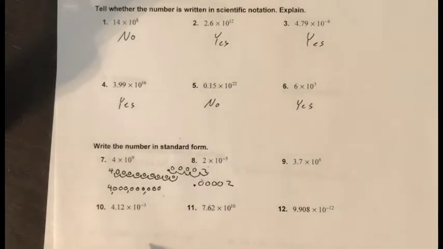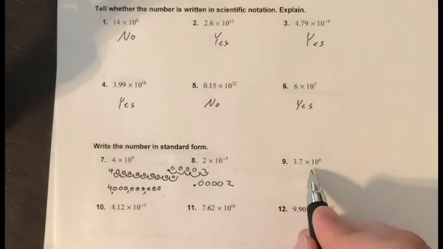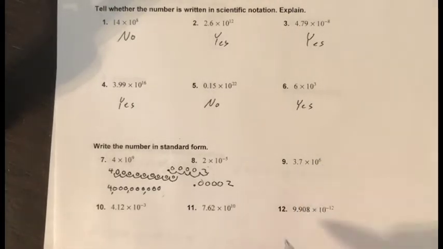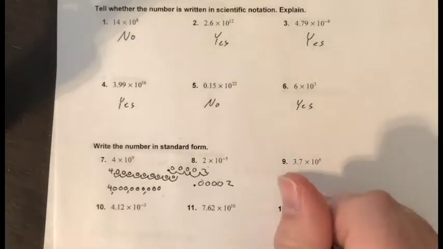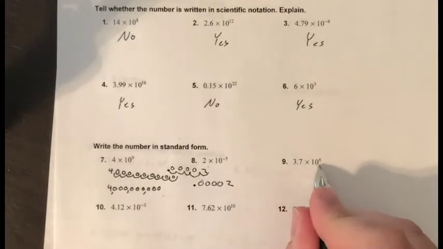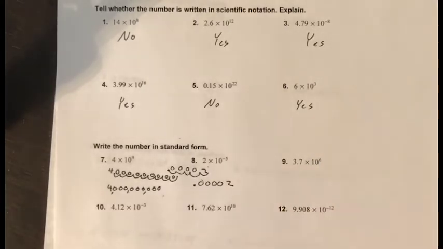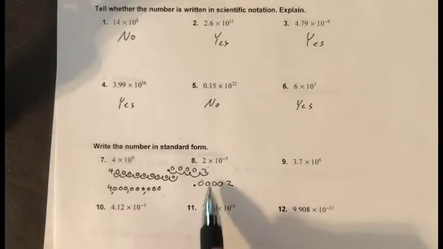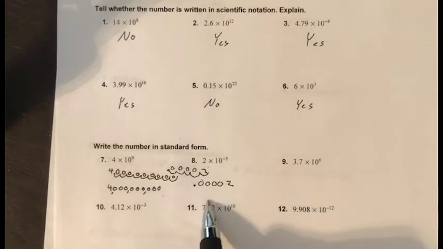So let me do one more with you. So this one right here is 3.7 times 10 to the 6. So I know my decimal's here, and this is a positive 6, so I'm going to move it to the right because it's going to make a very big number. Whereas in this one, which was a negative exponent, it made a very small number, a very small decimal.